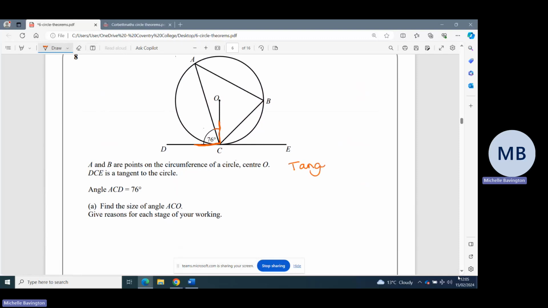Let's put my reason. Tangent meets radius at 90. Well, I've just got that, haven't I? So 90 minus 76 is 14 degrees. Okay, so that looks difficult.